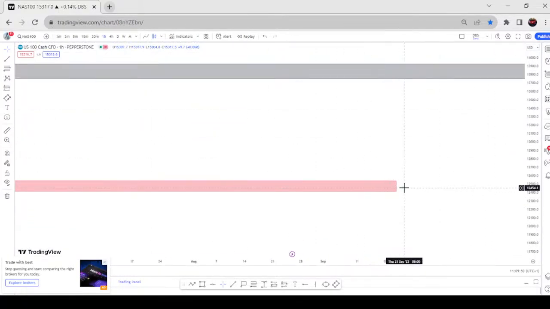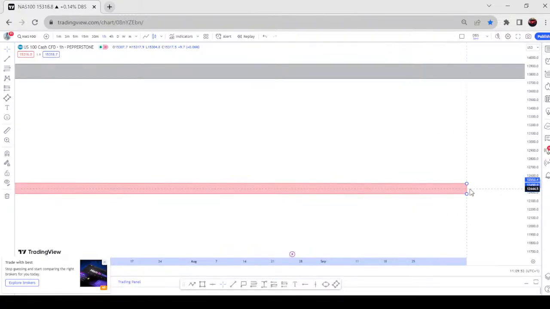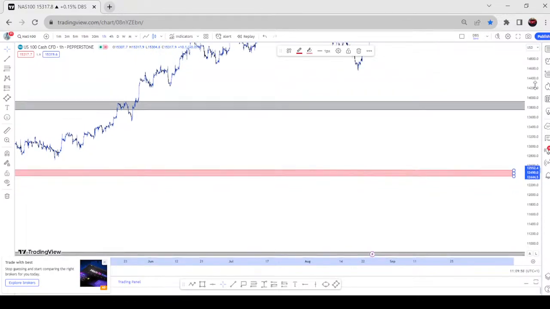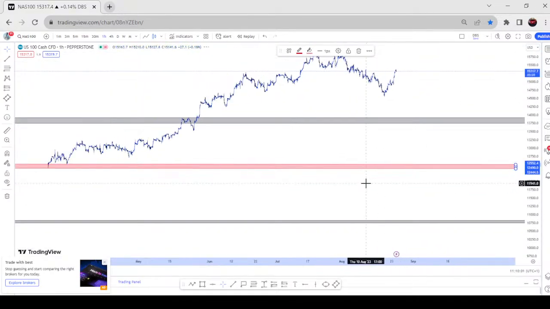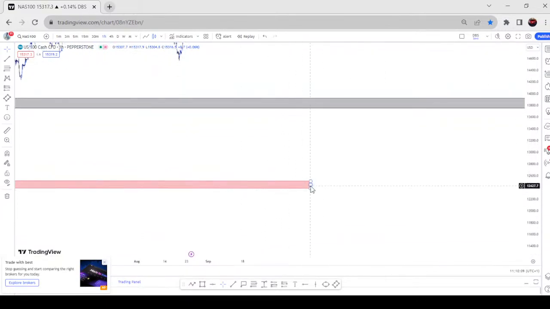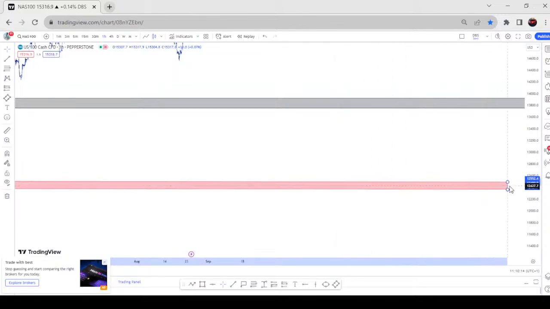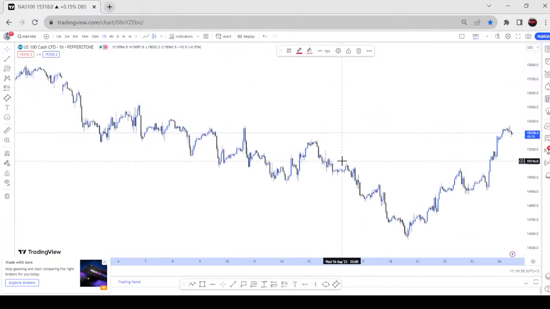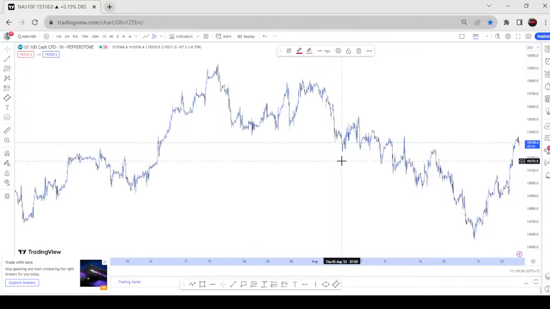Okay, so I want to extend this thing to the future. Okay, so I've extended it to the future right now. Come on, why is it disappearing and reappearing? Why is it doing that?